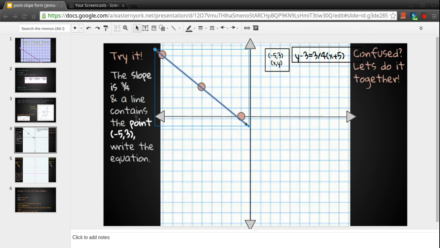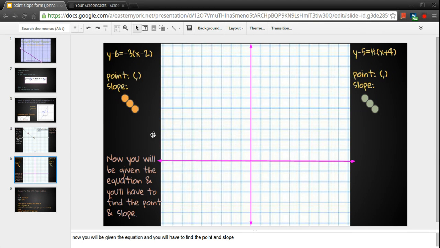Okay. Close enough. That is how we graph and write an equation right here. Now I'm going to give you a few moments to do these on your own, and then we'll figure out the answers.